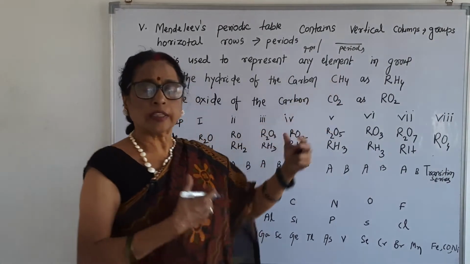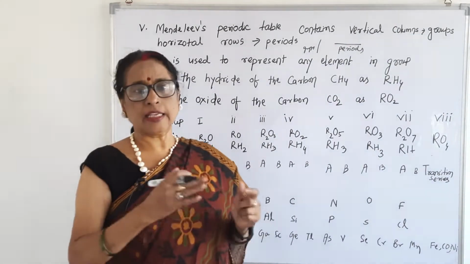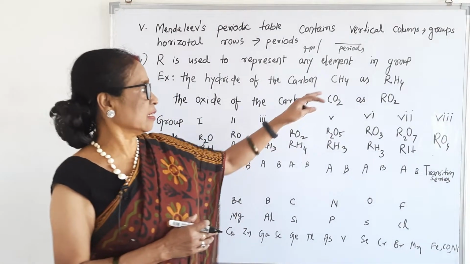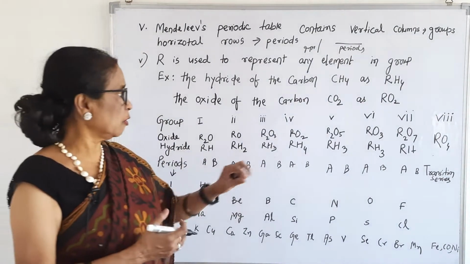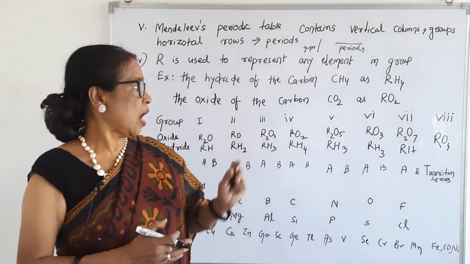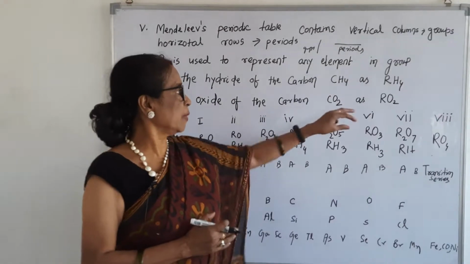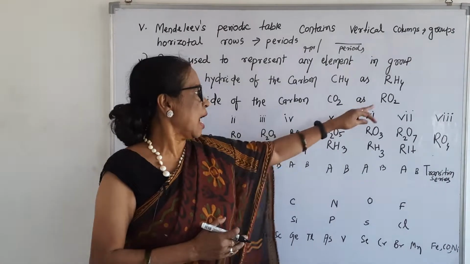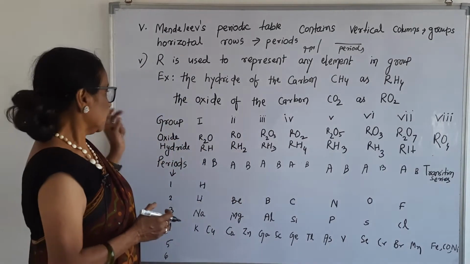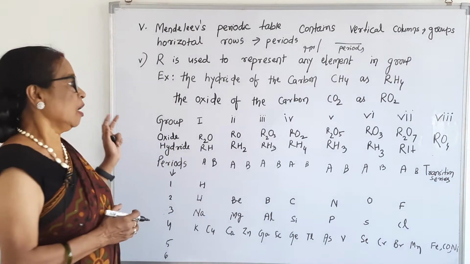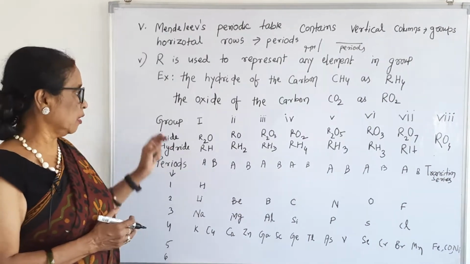CH4, or you can say RH4. R is here the carbon element. Oxide of carbon, what is the formula? CO2, or RO2. R means any element, here carbon, and O means oxygen. This is called oxide.